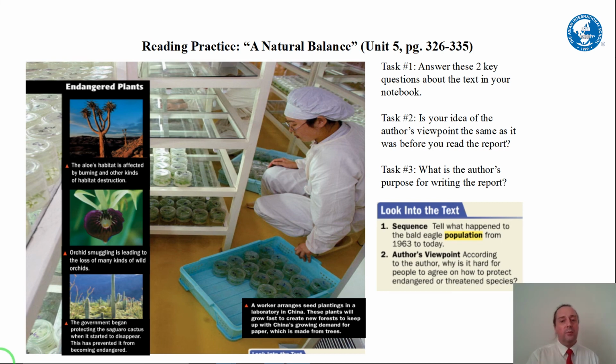And then number 3, now that we've read the whole environmental report, what is the author's purpose for writing the report? Remember, again, we can agree or disagree, but what we want is to understand the author's purpose. Why did she write this environmental report? So take 2 minutes and write down the answers to these in your notebook.